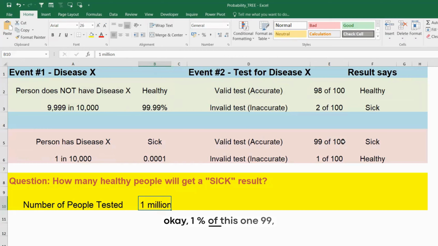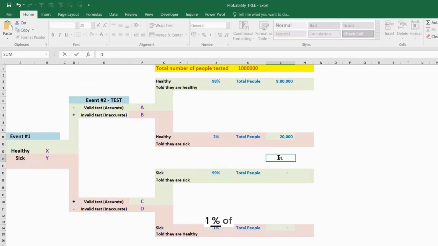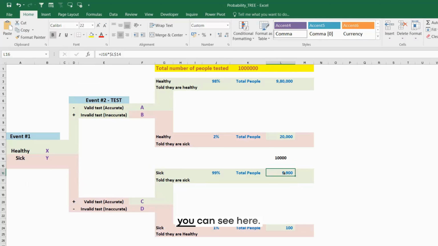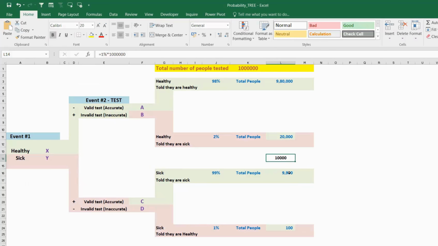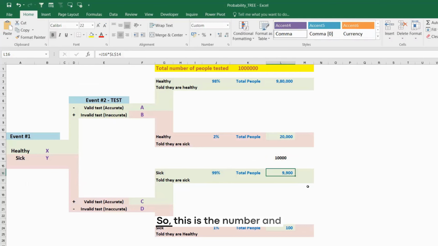Okay, 1% of 1 million. Okay, and you can see here. So easily they were being told as sick and all that. So this is the number.